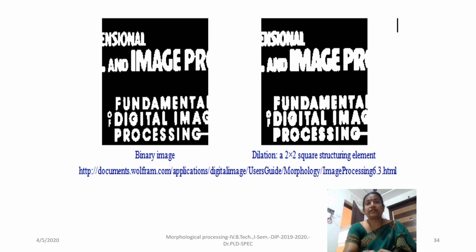With the dilation operation, we observe thickening of the regions of each and every line of these characters. The white pixels at the boundaries are enlarged, so the thickness of each character increases. Any bridging gaps between the letters will be minimized with this dilation operation.